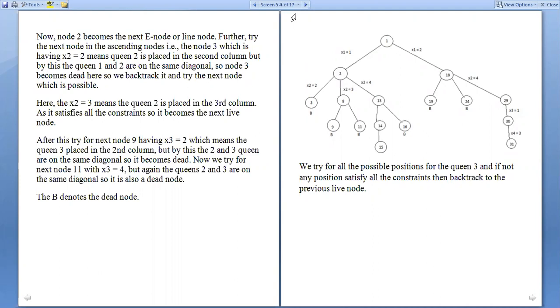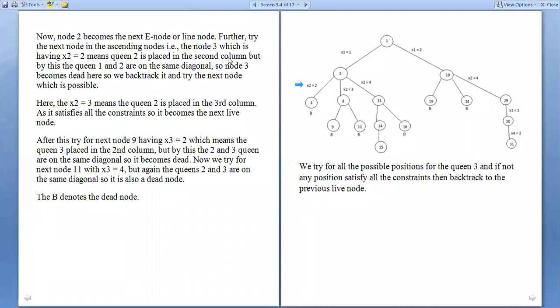See here, we have x2 equal to 2, which means queen 2 is placed in the second column.